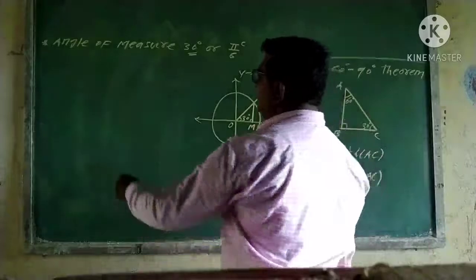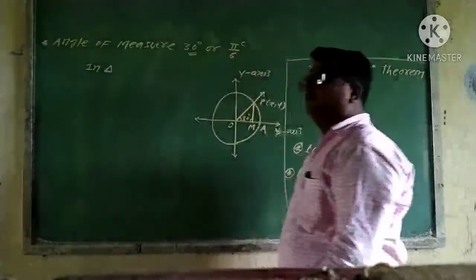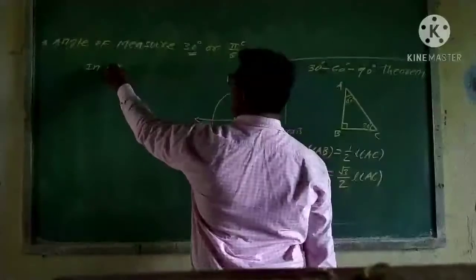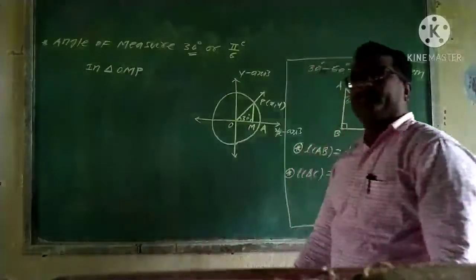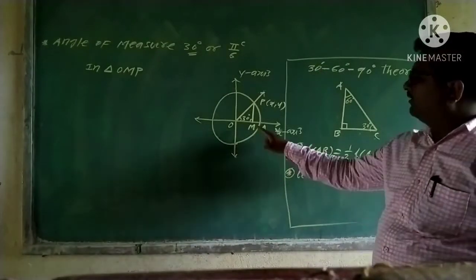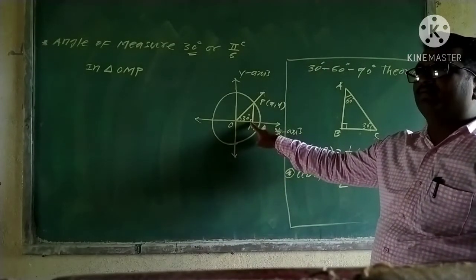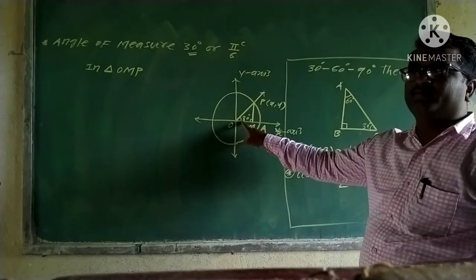Means in triangle OMP, now here this angle is of 90 degree. This angle is of 30 degree.